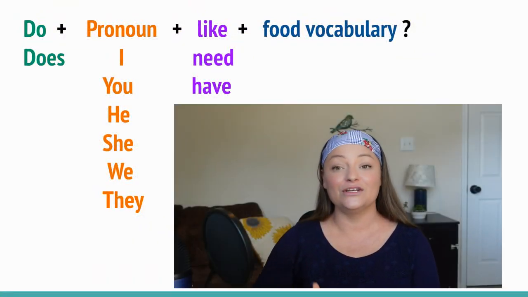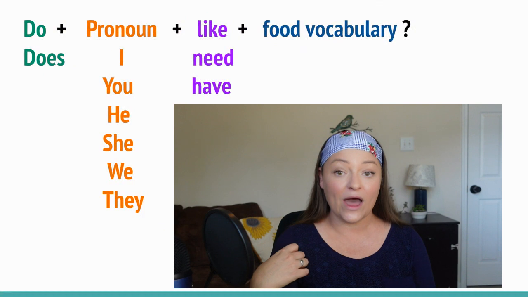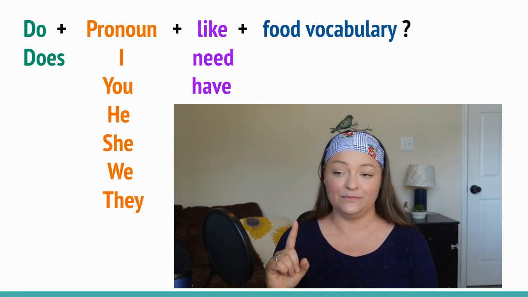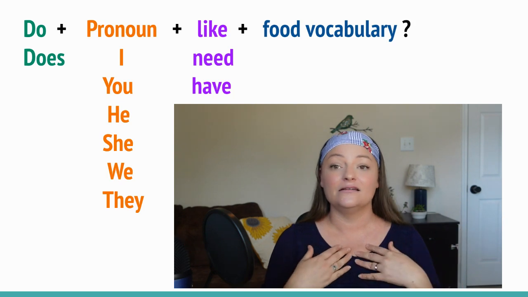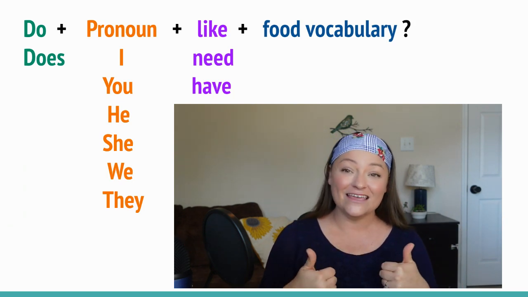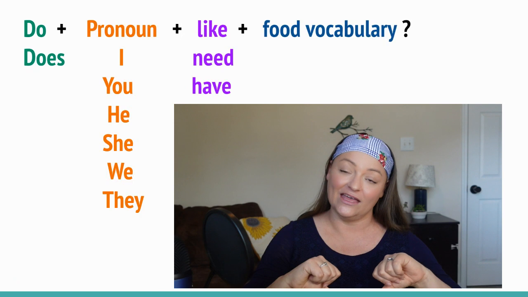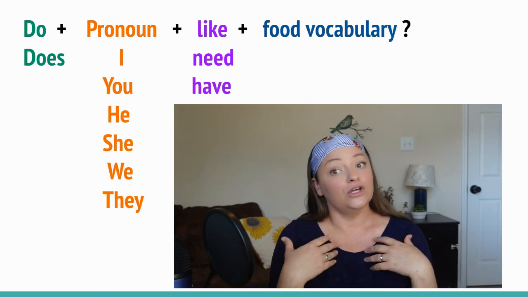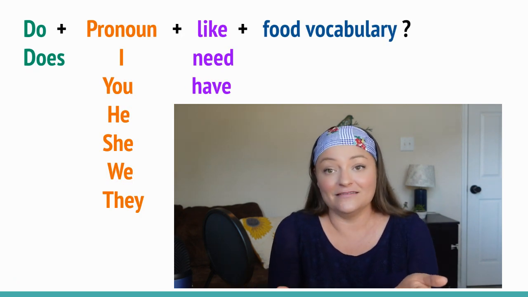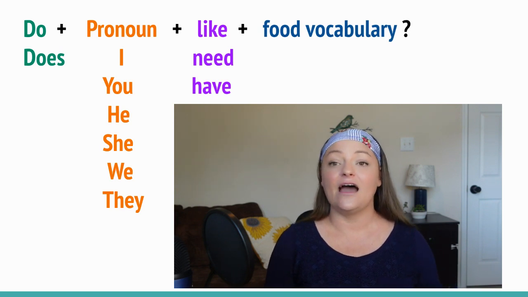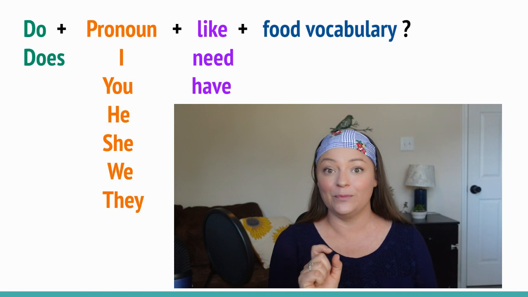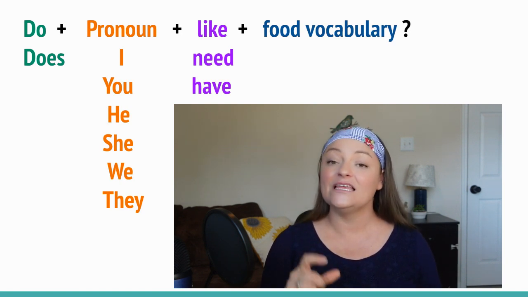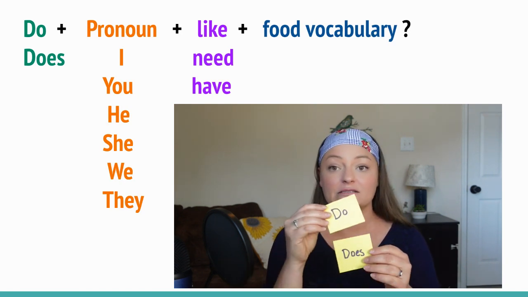Okay, so we learned in lesson 12, don't. Now we're going to learn how to ask a question. So, I like coffee. I don't like coffee. Do you like coffee? See how when we did negatives, we used do with not. We need do for questions also.